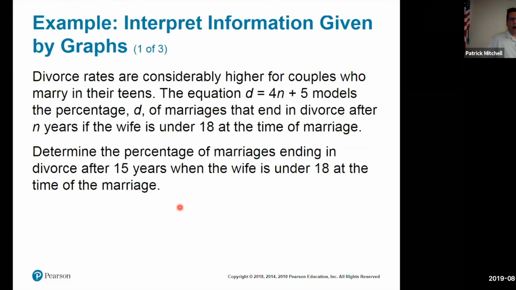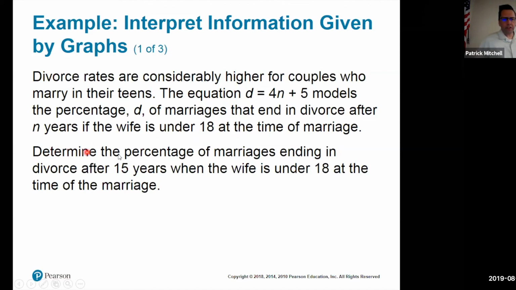Okay, here's an example of interpreting information given by graphs. Divorce rates are considerably higher for couples who marry in their teens. This sounds like a "the more you know" problem. The equation D equals 4n plus 5 models the percentage D of marriages that end in divorce after n years if the wife is under 18 at the time of marriage.